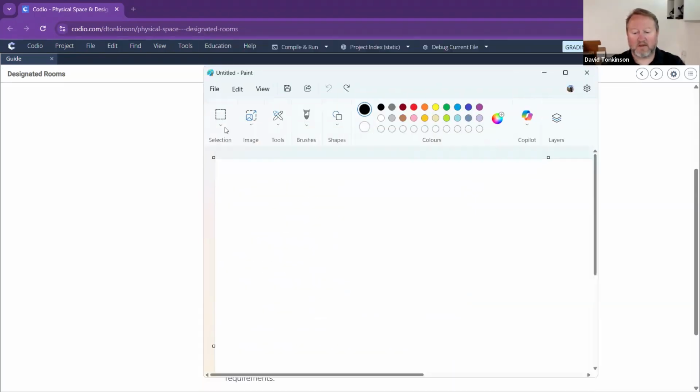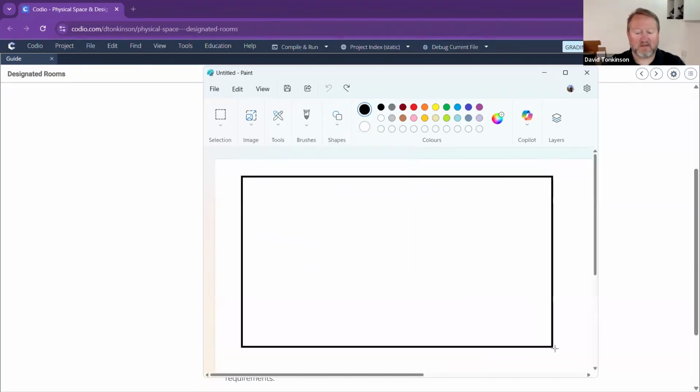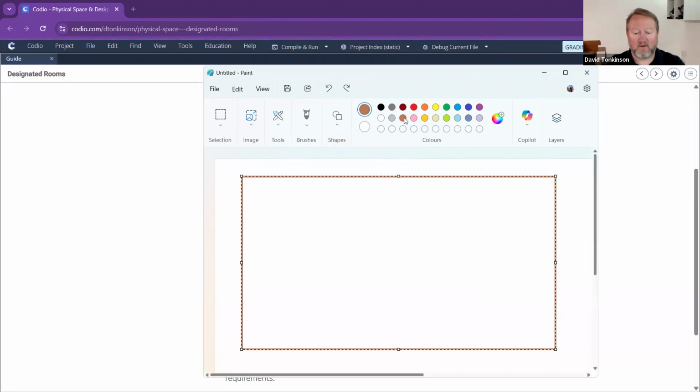For a quick example, I might grab a shape and draw my data center room. And I might say, this is where I want, in red, my power. Okay, and we can put items in there. Or you can use anything else.